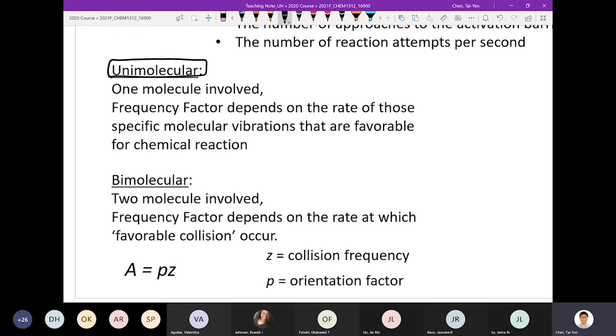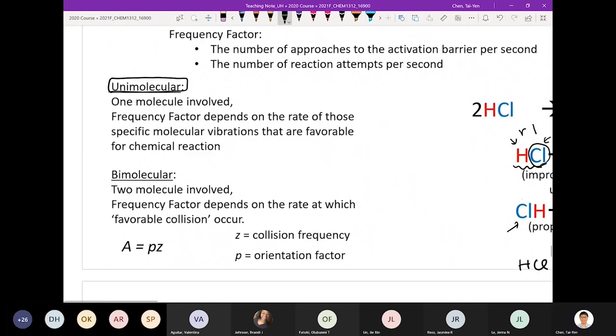Then the A in that case describes whether it's in the right vibrational mode that will lead to the product. But for bimolecular reactions, A is related to your P and Z, right? Where Z is the collision frequency, and P is the orientation factor.